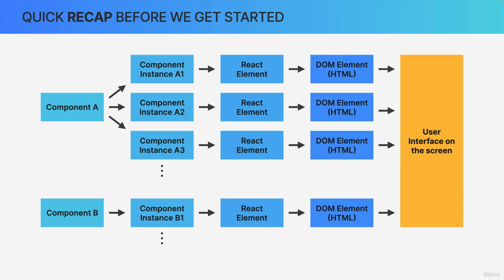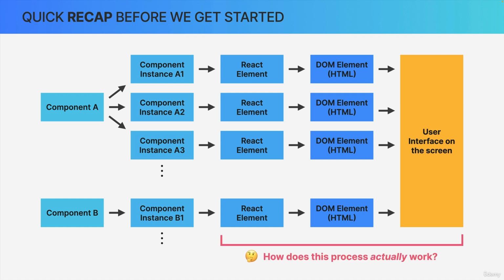So we have a pretty good understanding of the initial part of this process, so of transforming components to React elements. However, what we don't understand yet is the second part of the process, so how these React elements actually end up in the DOM and displayed on the screen.